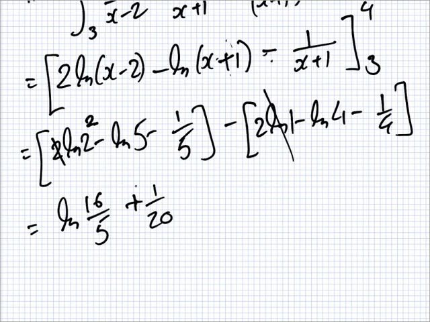One over 5 minus 1 over 4. I'll just wait for you to catch up. Log 1 is 0. This is awkward because you have a calculator. They want the answer left like this, KJ.